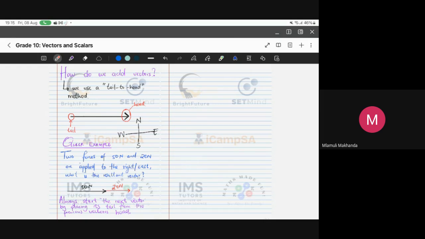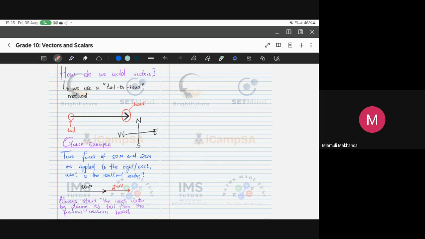So a resultant now comes and says, instead of all these people lifting their share each, I will just come single-handedly and lift all the 200 kilograms by myself. So that's essentially what it does. How you calculate or find it is using the tail to head method.